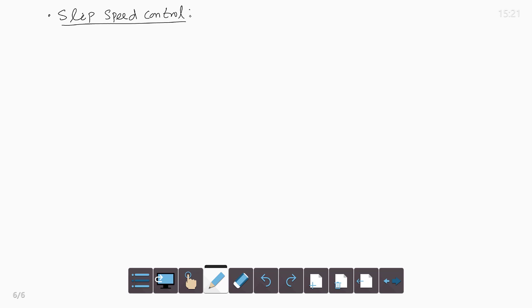Next we will discuss the slip speed control. The maximum torque occurs at the slip Sm.